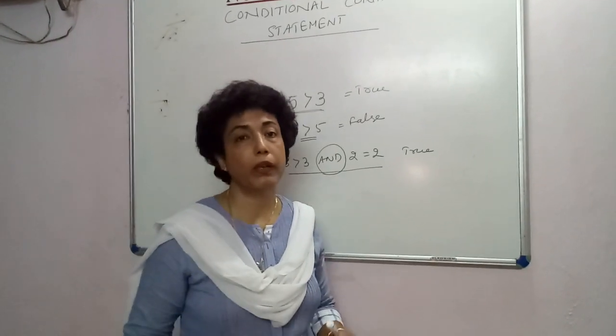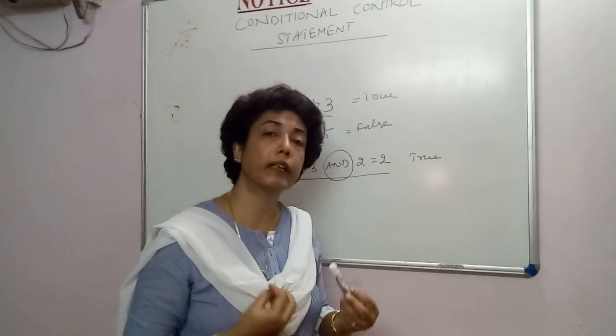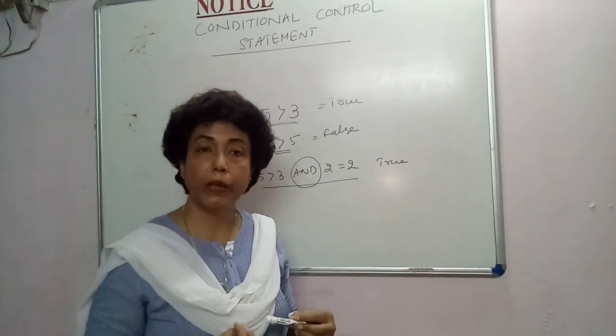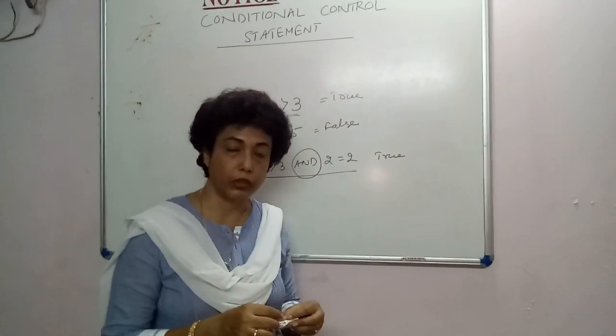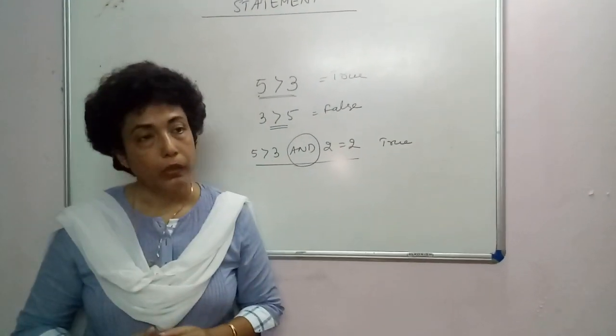Now this is nothing but a statement that is used for including a condition in the program. This statement is used by the programmer while writing the program to include a condition, and the result of that condition will determine the course of action in the program.